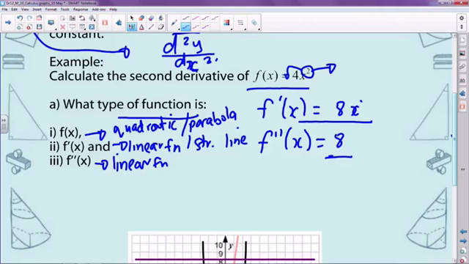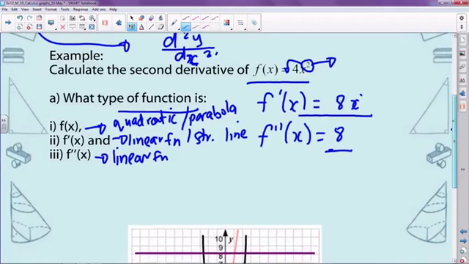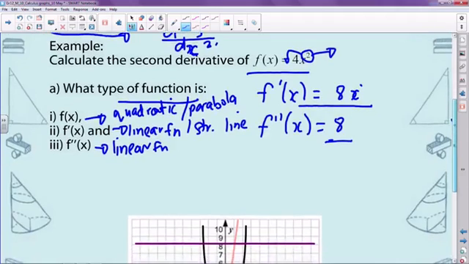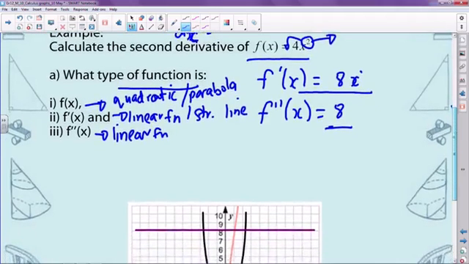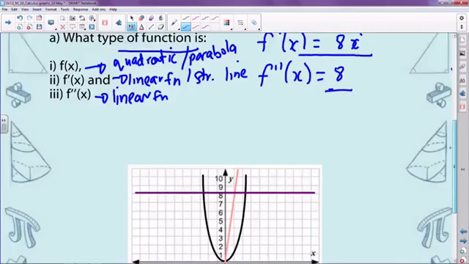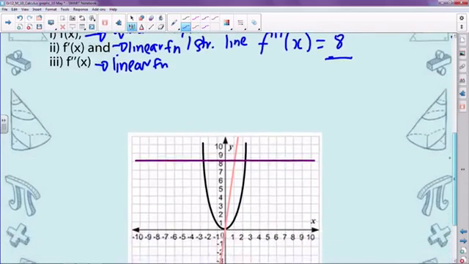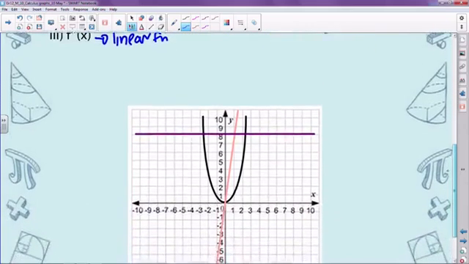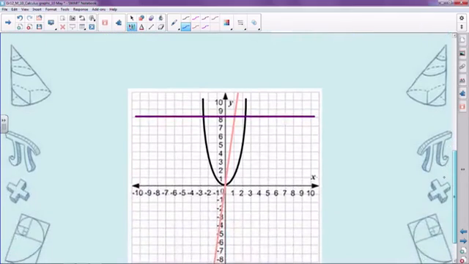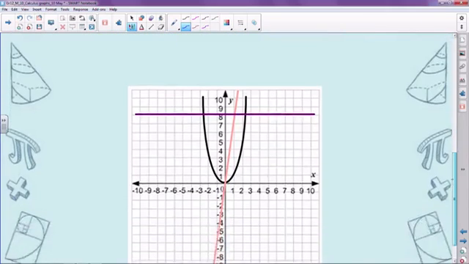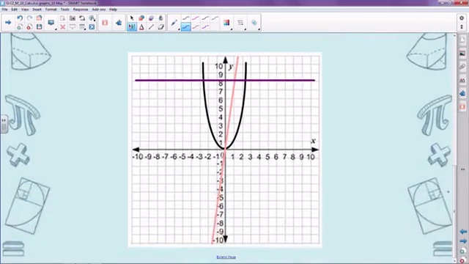Now what we're going to do is have a look at the sketches of each of these functions, all right? Because remember, all of them, f of x, f prime x, and your second derivative are all functions, okay? So on your screen you'll see that I've got each of them sketched for you. So let's go through them and see how they relate to each other. So in black, we've got the original function f of x is equal to 4x squared.